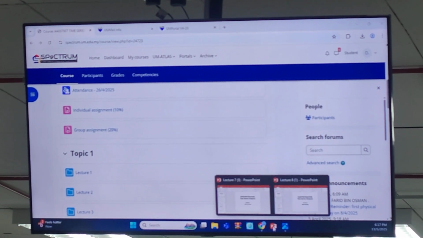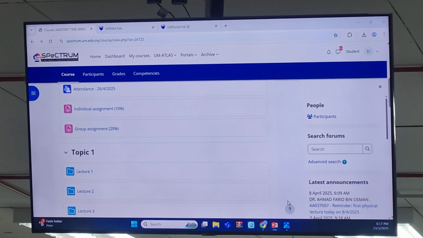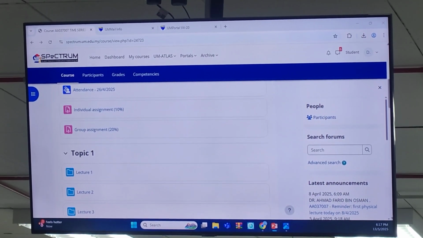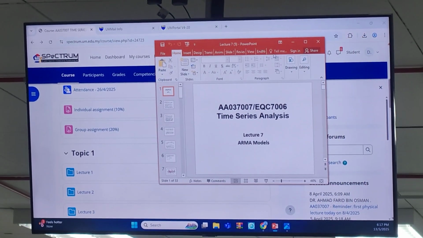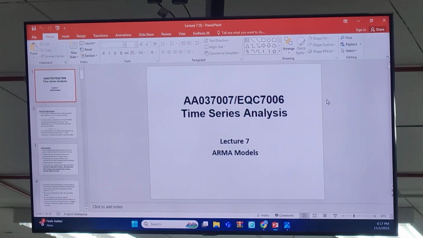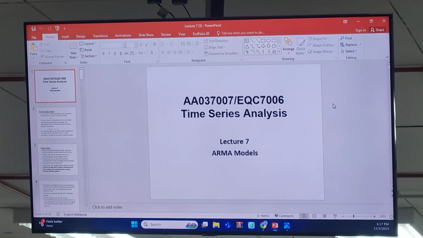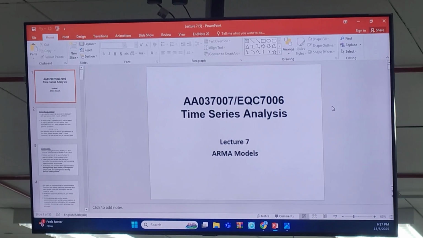Okay, so what we discussed last week, recall. Just a quick revision of what we discussed. Not last week, 2 weeks ago, the previous lecture. I introduced you to the autoregressive model, moving average model, as well as the mixed model, autoregressive moving average.